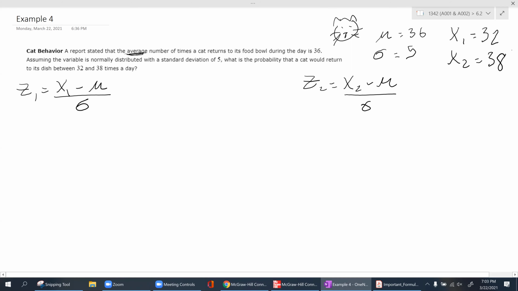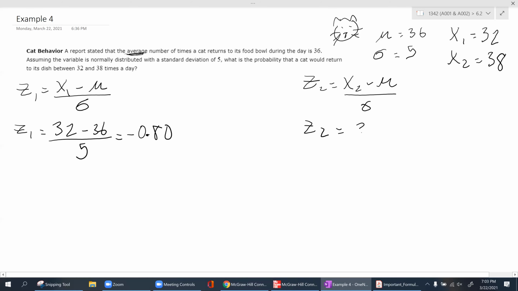So z1 is equal to 32 minus 36 all over 5, which gives me negative 0.80. Now let's find z2.